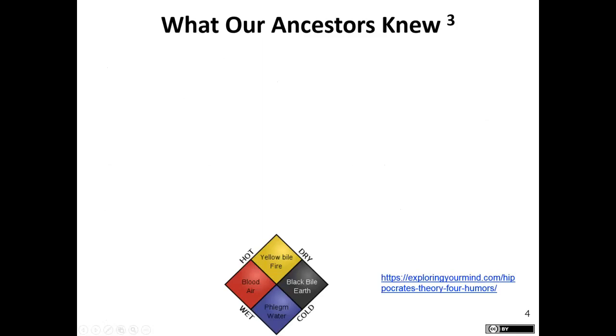So the 4 humors were yellow bile, black bile, phlegm, and blood. And each was associated with a different environmental substance like fire, air, water, earth. And some were considered hot, some were considered cold, dry, or wet.